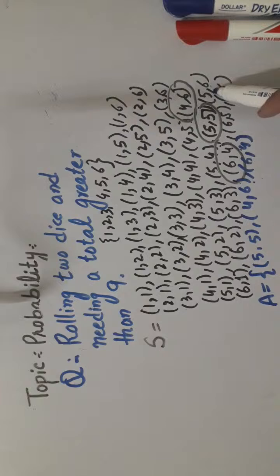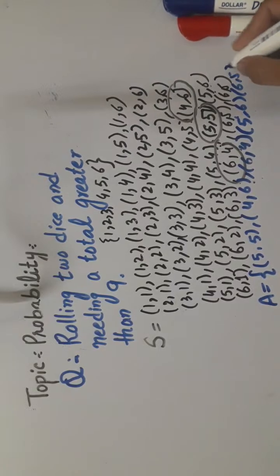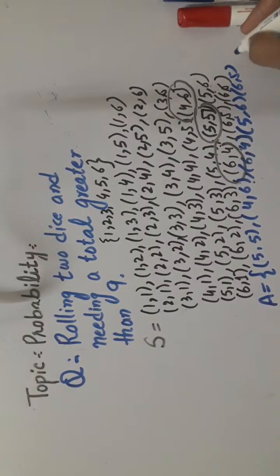So (5, 6), (6, 5). These are also included. And (6, 6), because 6 plus 6 is 12, which is greater than 9.